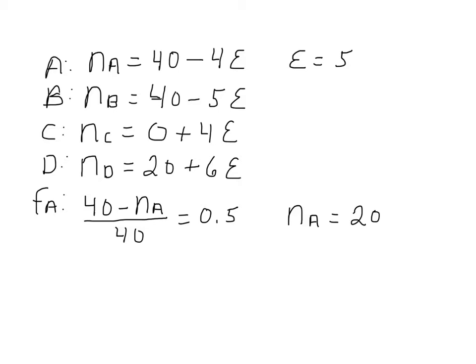And so Nb is equal to 5 times 5 is 25, from 40 is 15. Nc will be 4 times 5, or 20. And Nd will be 6 times 5, or 30, plus 20 is 50.